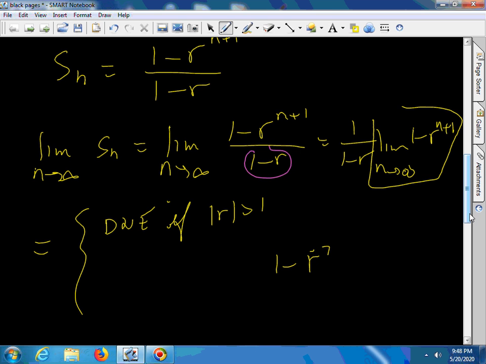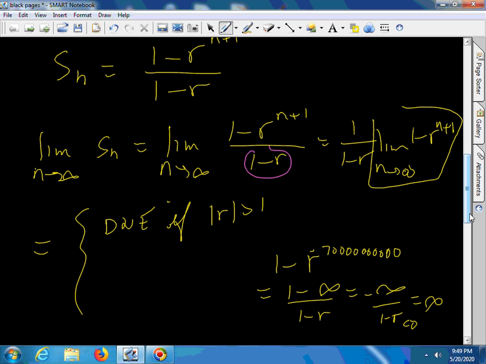Now, if R is more than 1, R to the 7 gets bigger. And if you have 1 minus R to the 700, if R is positive, that's going to be big. In fact, if the power is really, really large, this is going to be 1 minus infinity, which is negative infinity, which ultimately gets divided by 1 minus R, and if R is bigger than 1, this will be less than 0, so it'll be positive infinity.